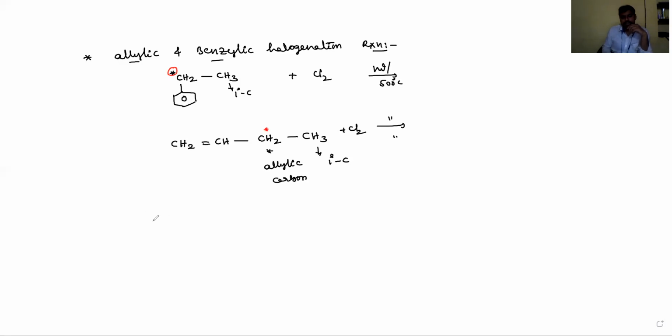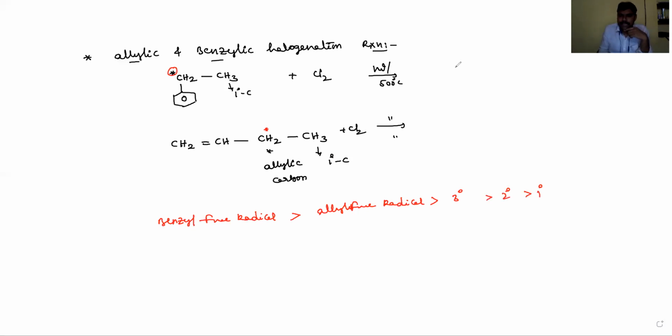Now we know that the benzyl free radical is more stable than the allyl free radical. Allyl free radical, and then tertiary, and then secondary, and then primary.